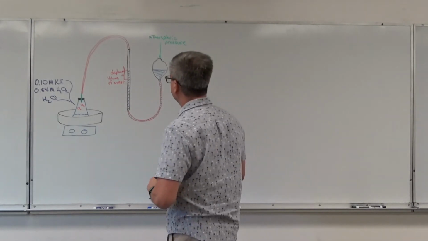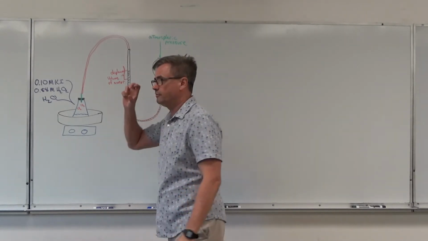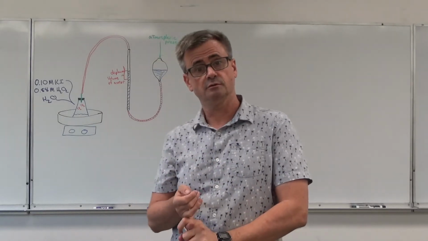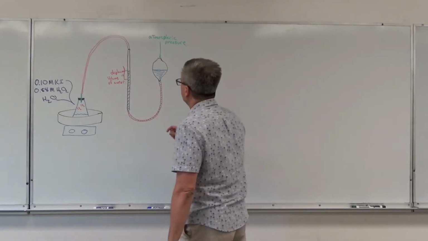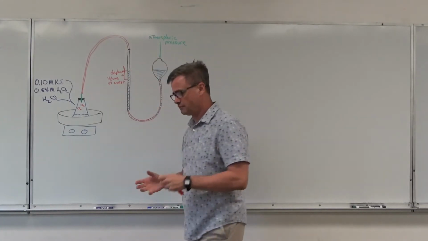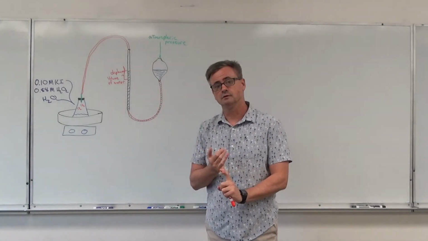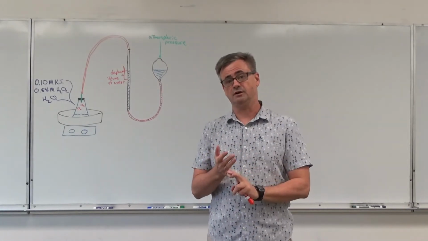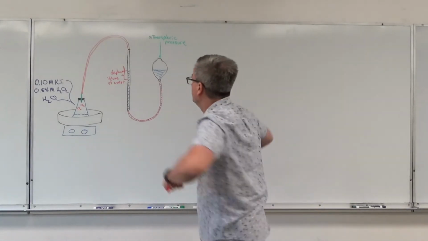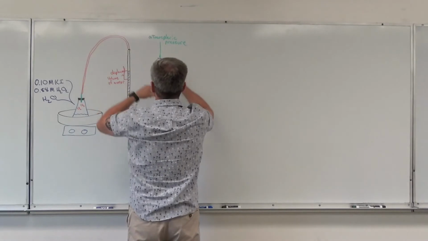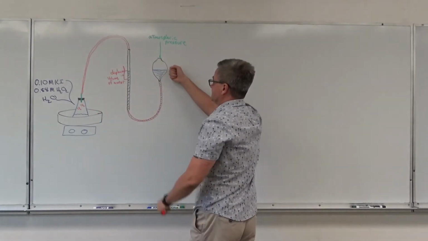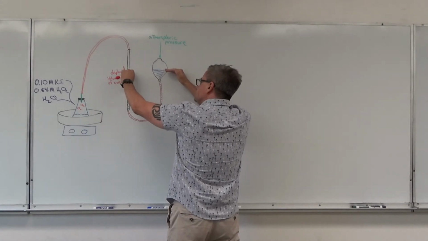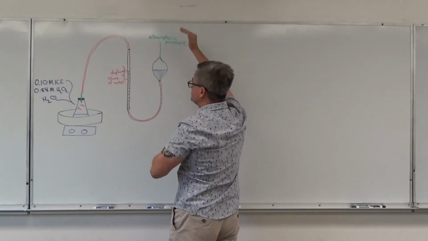All right, now, if we know the volume of water that got displaced, we know the volume of oxygen that was produced. And if we know the pressure of oxygen, how are we going to know the pressure? As long as we keep that bulb at the same height, which is the whole point of this, the pressure in here equals atmospheric pressure.